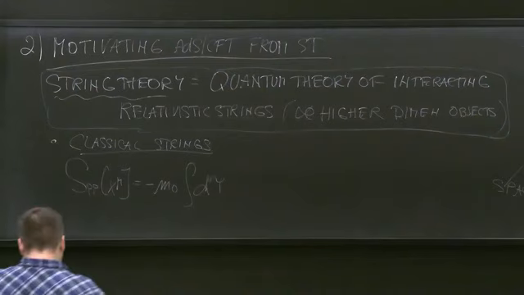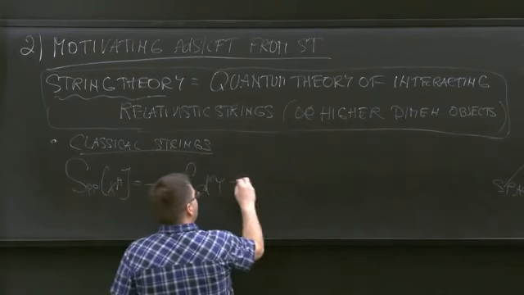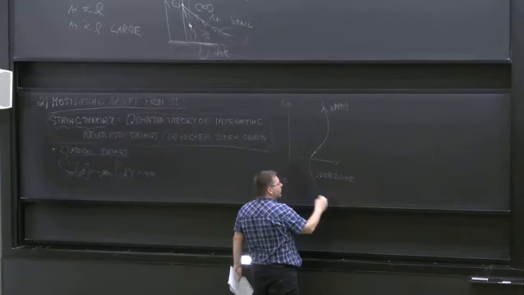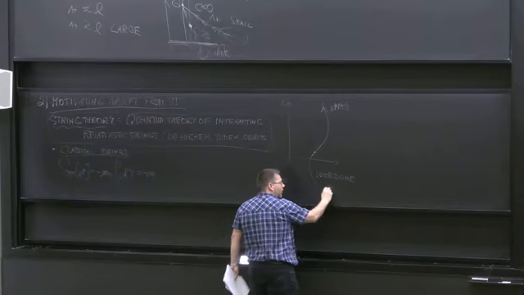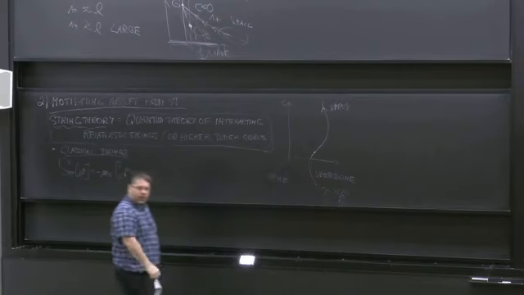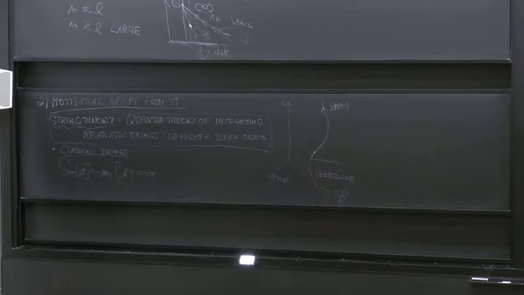And you can write it in terms of some parameter. I can write x mu of tau, but also I can write tau as a function of lambda, which will be some other parameter. So proper time as a function of lambda.